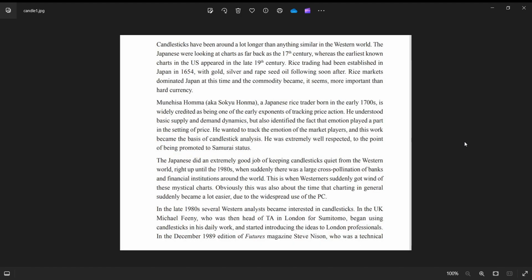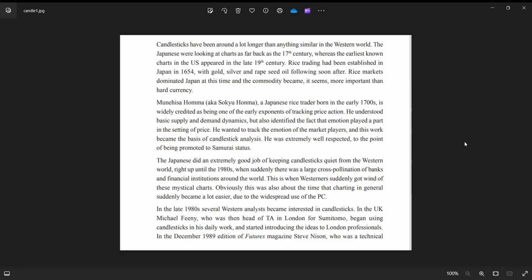Now if you look at candlesticks, compare them to the olden days charts or the normal charts we use. There was a Japanese man who was born in the 17th century.